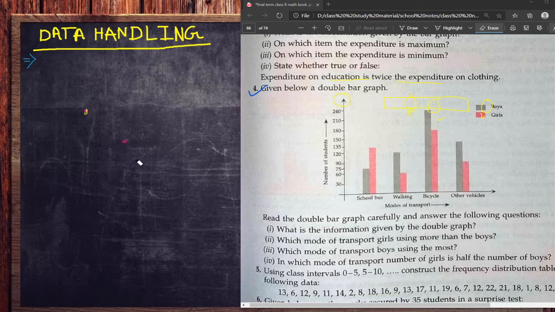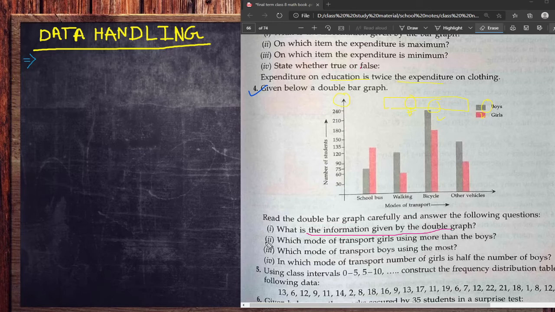And for other vehicles also the option is there. So first of all, for the first question, you have to write that the bar graph is representing the survey of the students who come to school with different transports.